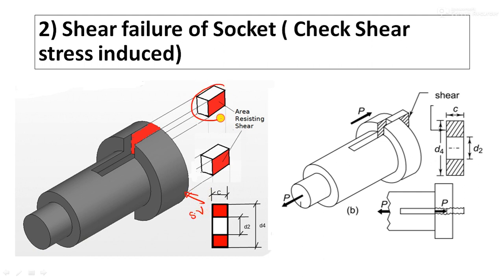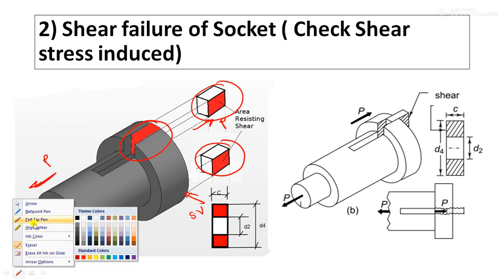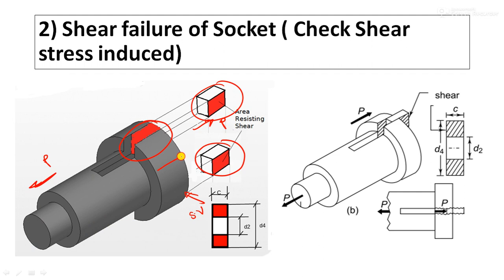This small rectangular portion and that small rectangular portion will come out, meaning it will shear. Why will it shear? Because of the tensile force p acting on the socket, and since this is a hollow portion, it is a weaker section. There are chances that this area having a length c will get sheared. When you look from the side we see this length c, so this length c will get sheared.